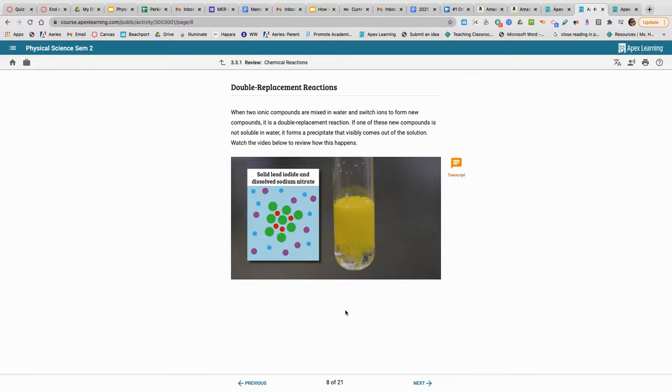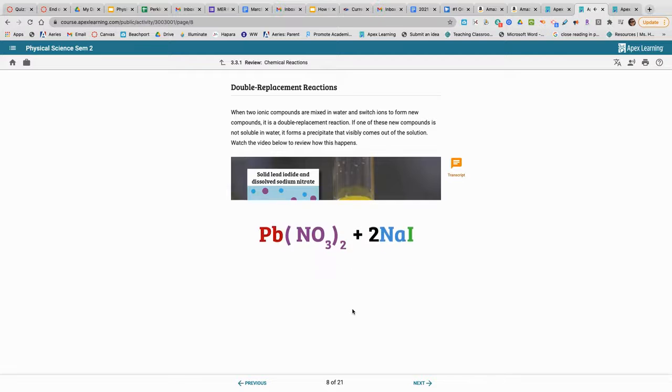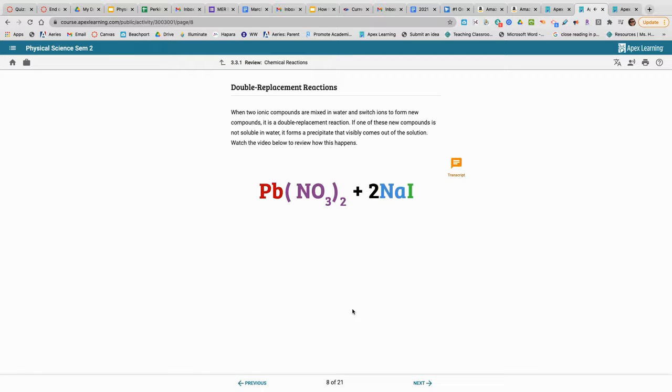The other ions form sodium nitrate, which is soluble in water. So those ions stay in solution. The precipitate is the product of the double replacement reaction between lead-2 nitrate and sodium iodide. In this reaction, the lead and the sodium switch places. One product, the lead iodide, is the solid precipitate. The other, sodium nitrate, stays dissolved in the solution.